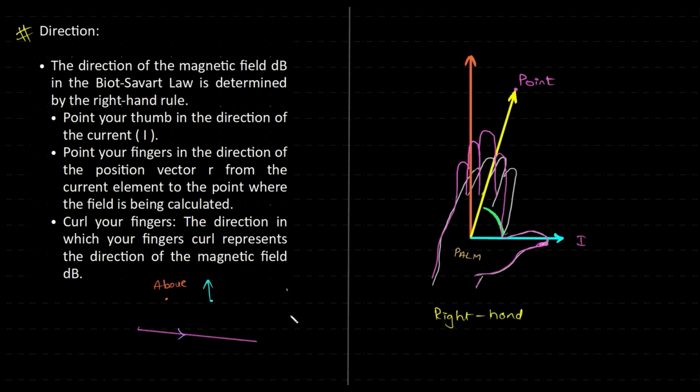So again, we'll open a palm to the position vector. Your thumb is pointing to the right. Again, this is open palm, by the way. Then curl your finger, just bend it in this way. So it's pointing towards the left.